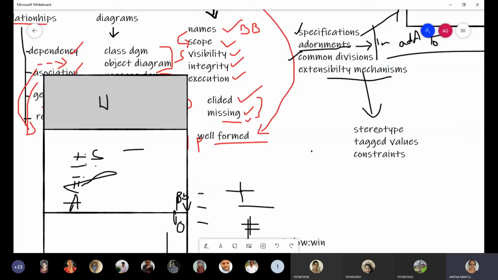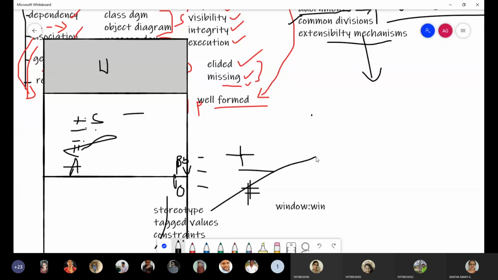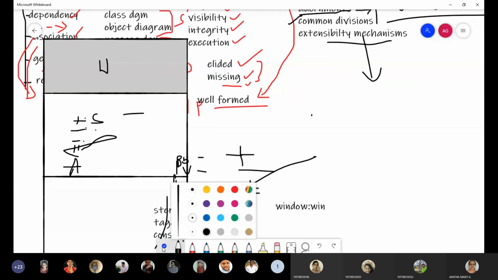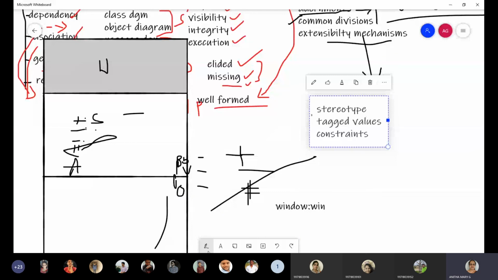Under extensibility mechanisms, we have stereotypes, tagged values, and constraints. What exactly is a stereotype?